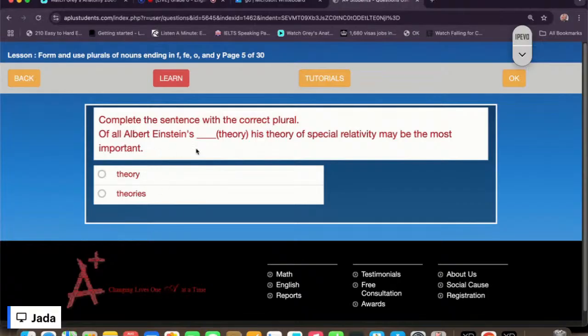So, of all Albert Einstein's theories, his theory of special relativity may be the most important. Is it first or second?